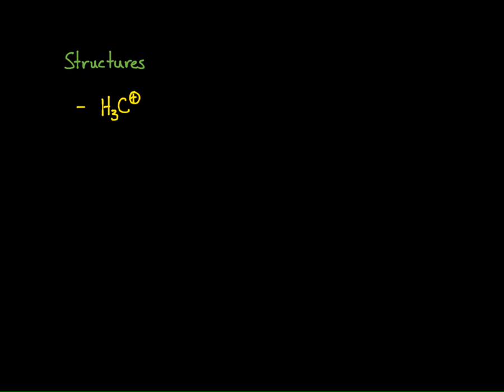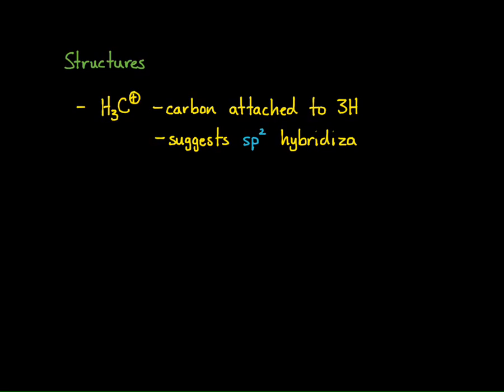If we think about the geometry of that carbon, we know that it's attached to three hydrogens. So remember in our discussion about hybridization, when an atom has three things attached to it, this suggests sp2 hybridization. What's the geometry of an sp2 hybridized atom?